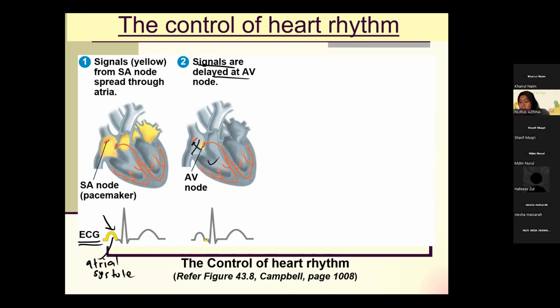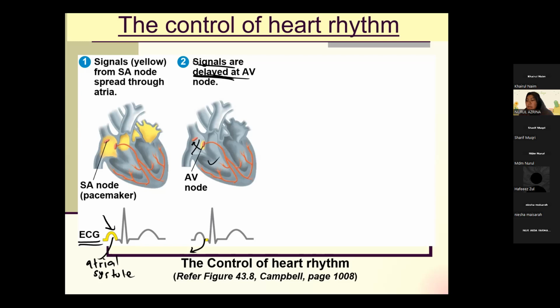And you can see here, there is a delay of signal for a while. It does not go up or down, but it is stagnant. It is flat like that. So it means no spreading of signal. Right? So what does this show? The signal is delayed at the AV node, meaning no electrical signal activity.